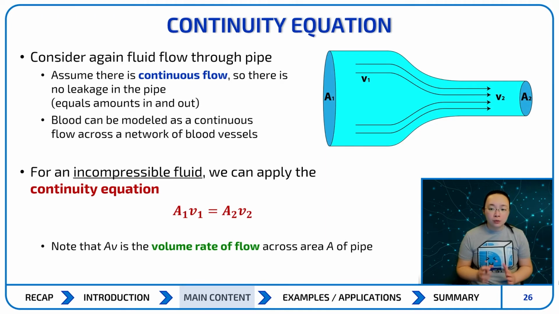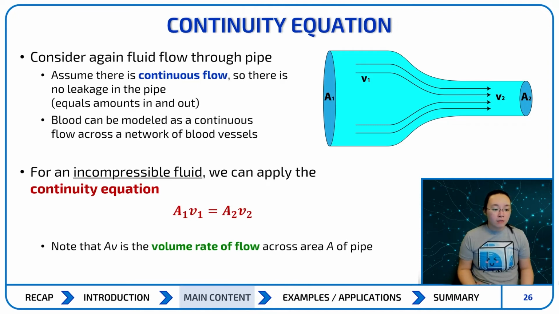All of the fluid is going to get shuffled through the next section of tube. So blood can be modeled as a continuous flow across a network of blood vessels because there's no leakage, and an equal amount of blood is going to come in and an equal amount of blood is going to come out. For an incompressible fluid, we can apply the continuity equation.